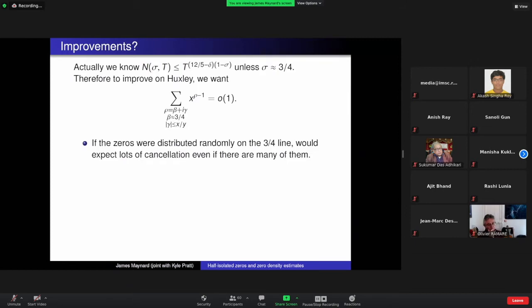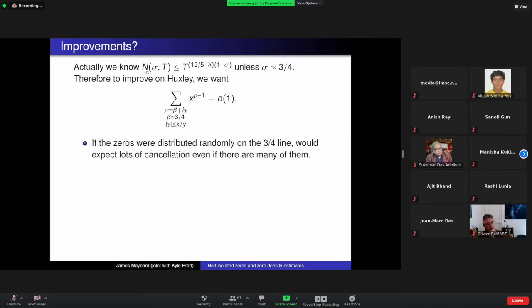But let's imagine we wanted to try and improve upon Huxley's result on primes in short intervals. If you go through the sketch proof of the lemma that I wrote, you'll see that the key thing is to understand and get a good bound for this sum over zeros.